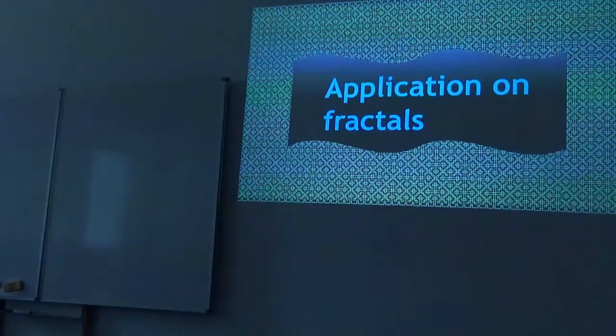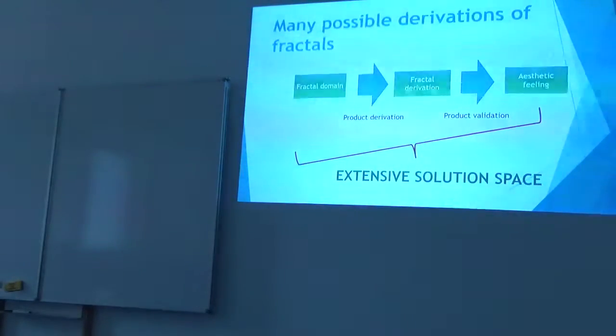In the background you see the modified Koch curve fractal. But what is the case? We have the fractal domain containing a lot of types of fractals or families of fractals, and then we try to derive some products. We get a fractal derivation, and then we can validate it.